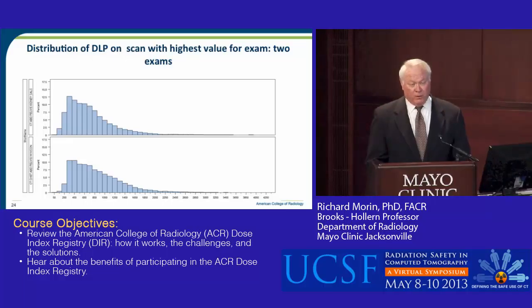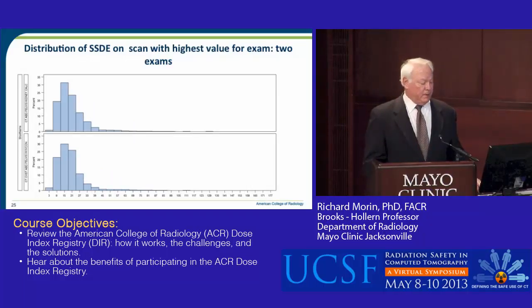So we are providing both of them now, and some facilities are looking at their data using the dose length product, and others are using the size-specific dose estimate. Both of them give you a picture of things, it's just that the pictures are slightly different.